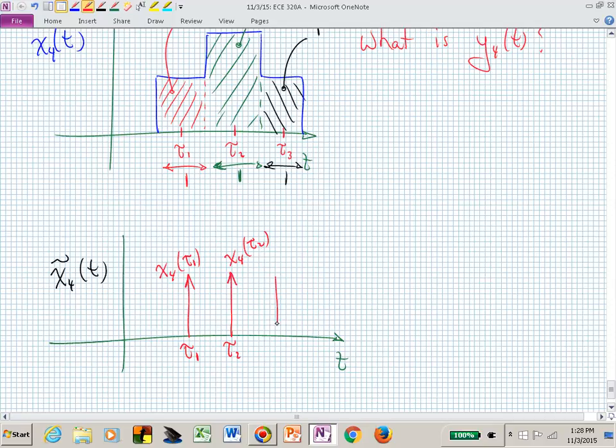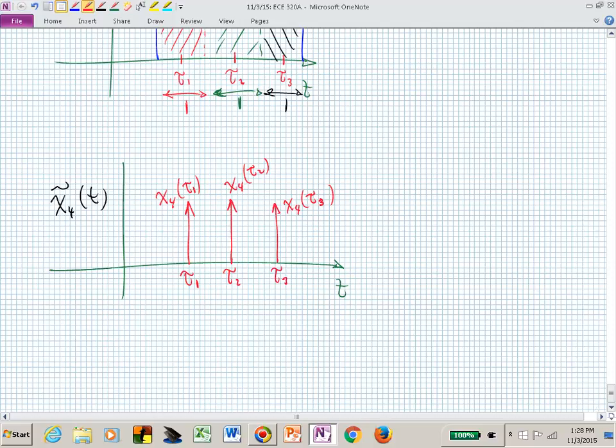And at tau sub 3, that has a weight of x sub 4 of tau sub 3. If that's my input, what's my output?